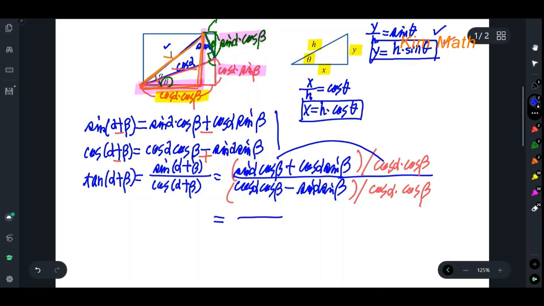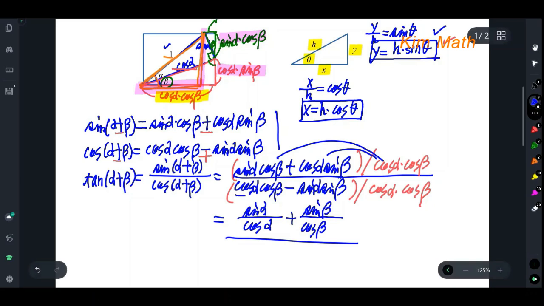So you have only sine alpha over cosine alpha, right? And when you divide this one by cosine alpha cosine beta, cosine alpha will be cancelled out, so you have only sine beta over cosine beta. Okay?